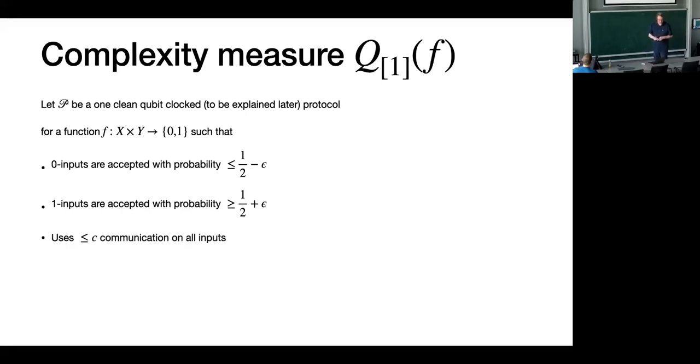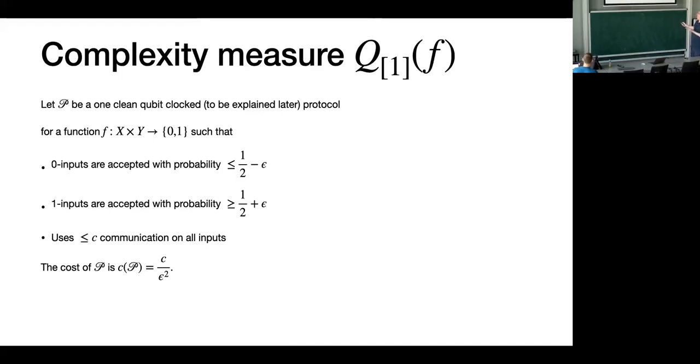And then there's an amount C of communication that takes place. It's the standard rules: you send the qubits back and forth. And then we say the cost of this protocol is C over epsilon squared. This I will have to justify. I mean, C is obvious, right? The communication is C, so the cost should reflect that. But here, this epsilon may be rather small.